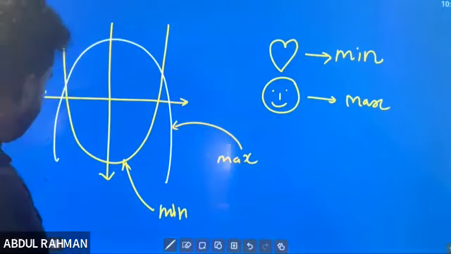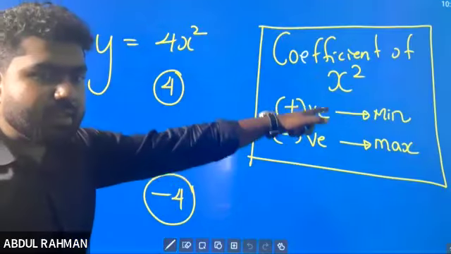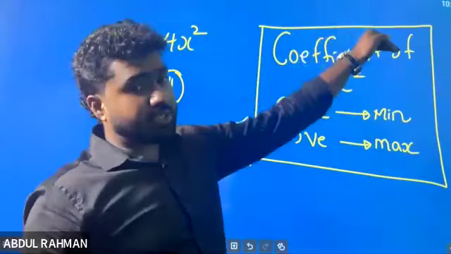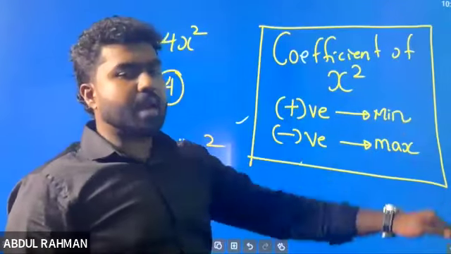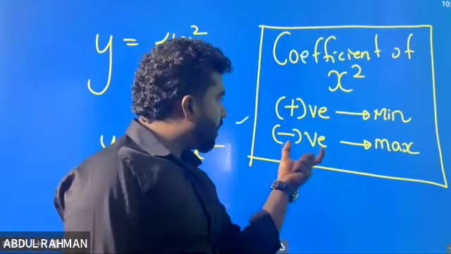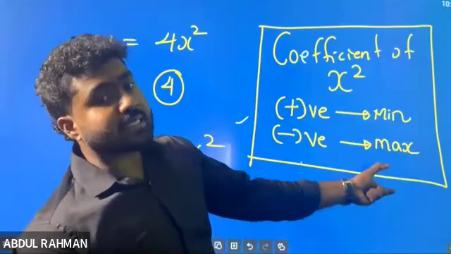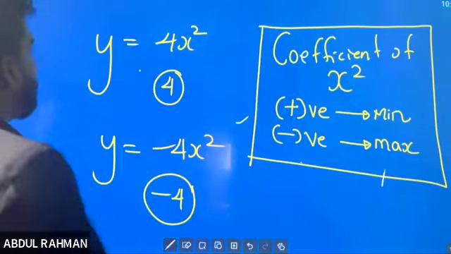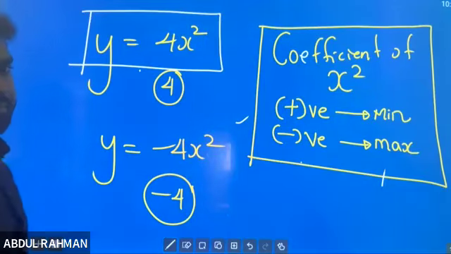But if the equation of the graph is given, you can find out, right? Now I have given a solution for you. If the coefficient of x squared is positive, that is a minimum graph. If the coefficient of x squared is negative, that is what graph? Maximum graph. Now looking at this, is this graph a minimum graph or maximum graph?